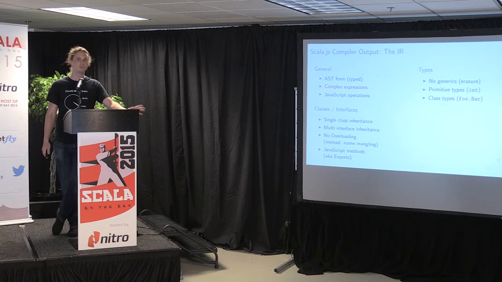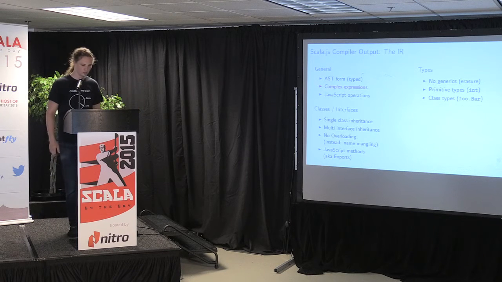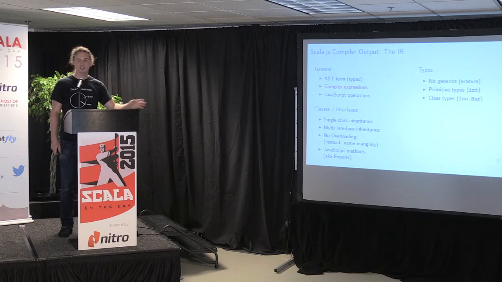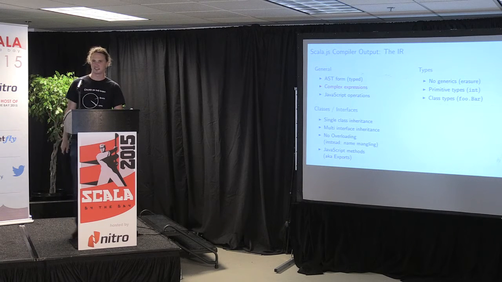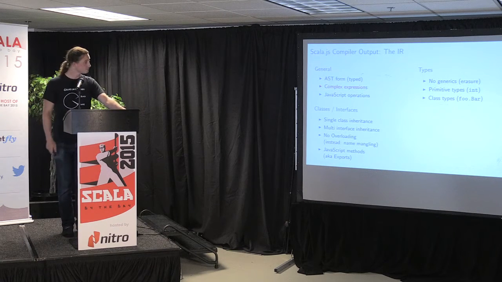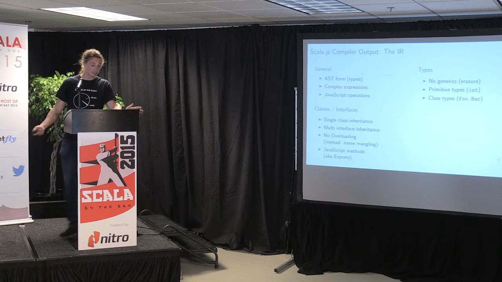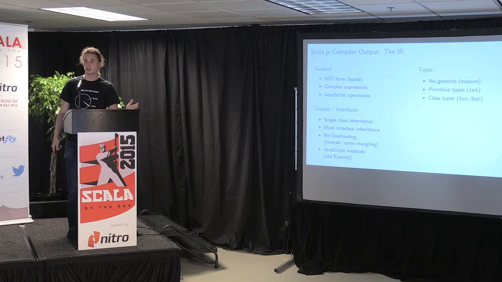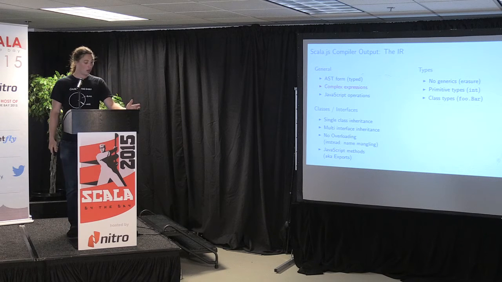Primitive types, we just reuse the JavaScript primitive types, number, Boolean, and so on and so forth. Class types we can model using prototype chaining. I'm not going to go into details there. That's very heavy JavaScript land. Classes, interfaces, we have single class inheritance, so we're going to model single class inheritance using prototype chaining.